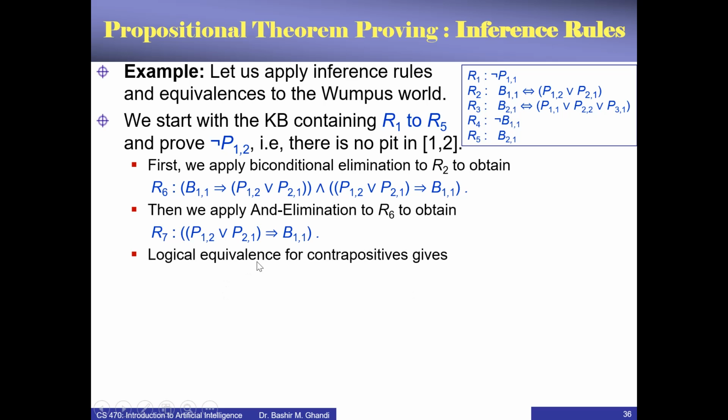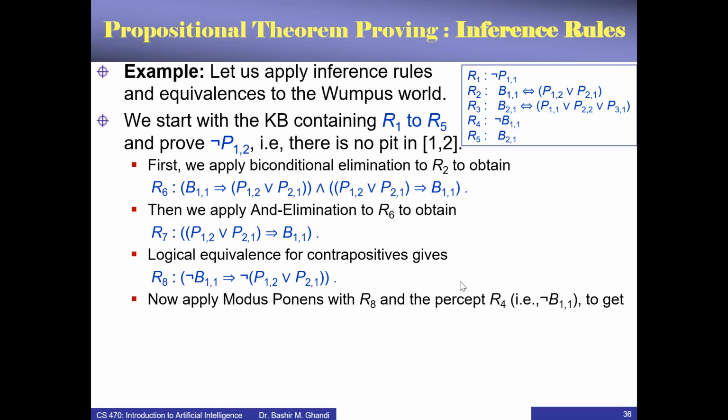Next, logical equivalence for contrapositives will give you the following. If this implies that, then it follows that not B11 will imply not (P12 or P21). This is just by applying contrapositive equivalence.